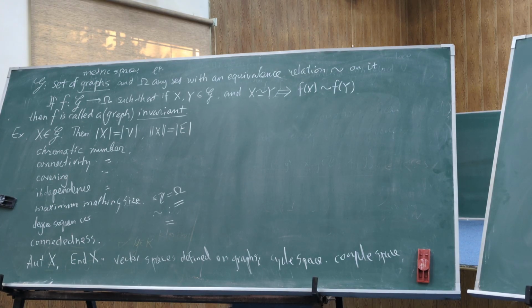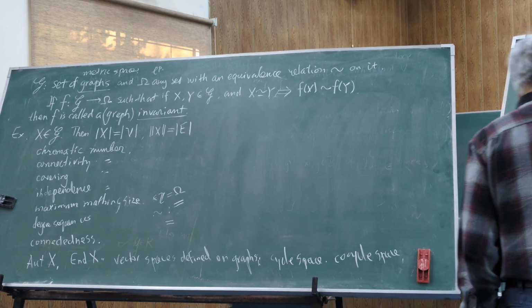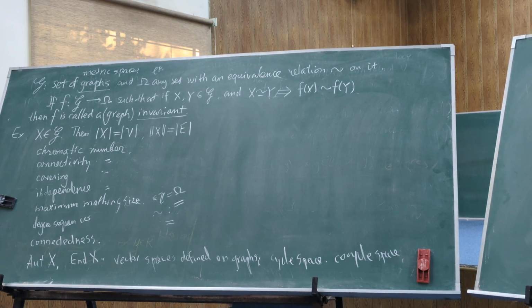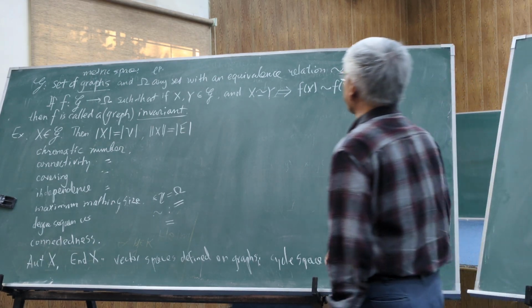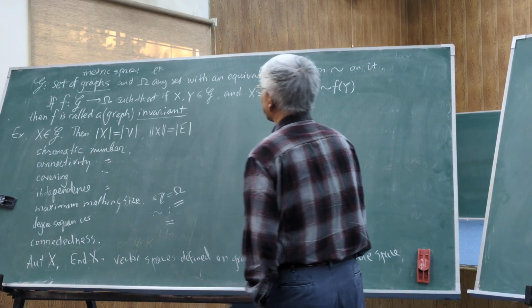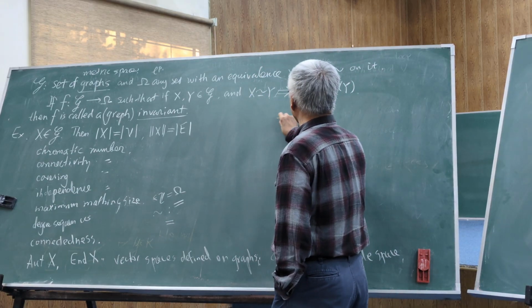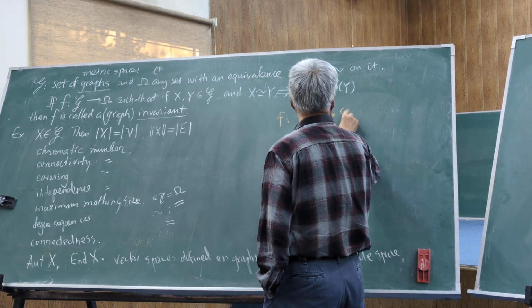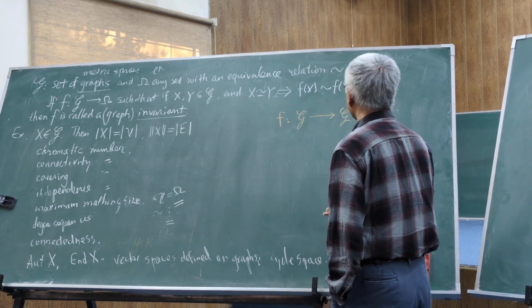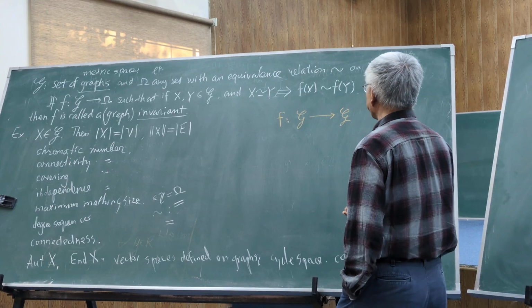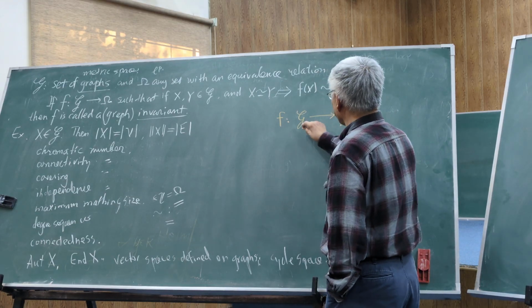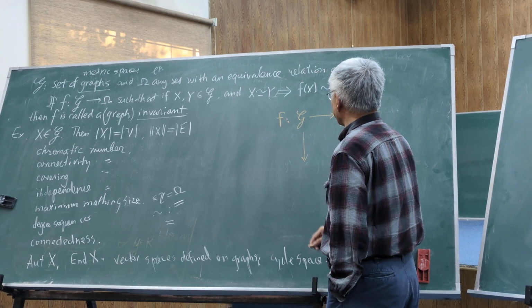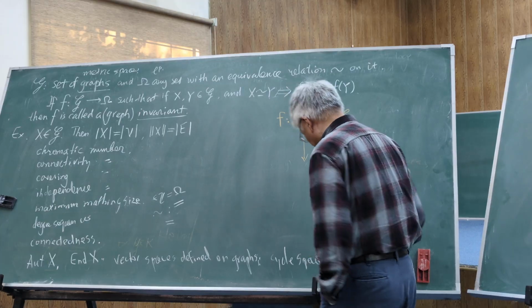Now we want to look at this definition again. What does this definition say? This definition says that F is a mapping from G to omega.